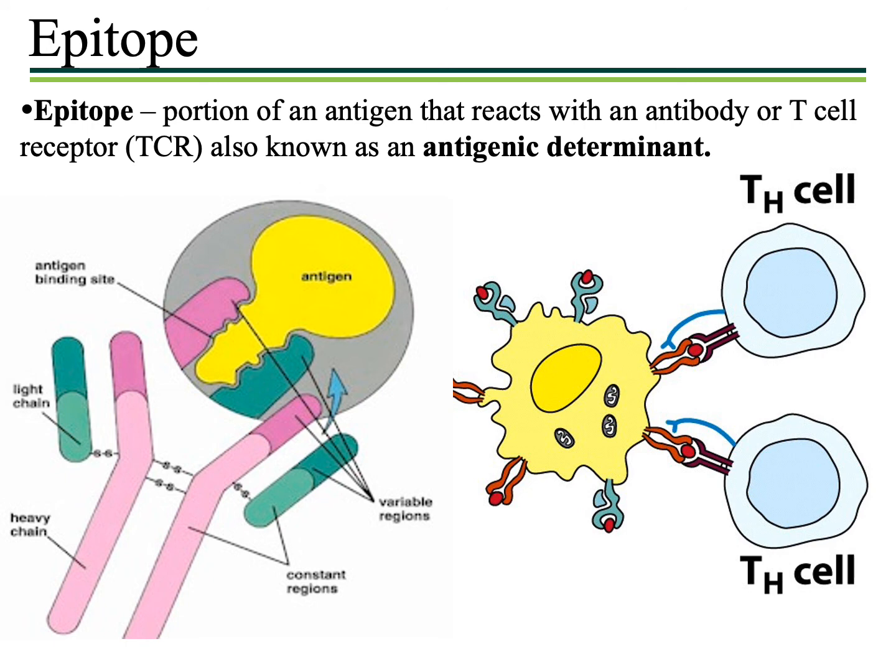T cells cannot bind directly to an antigen. Let me repeat that. T cells cannot bind directly to an antigen or an epitope of an antigen. There needs to be a very complex interaction with a cell category known as an antigen presenting cell.